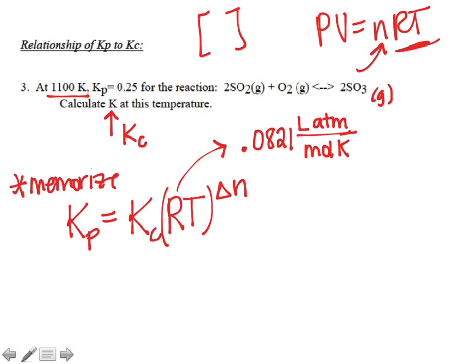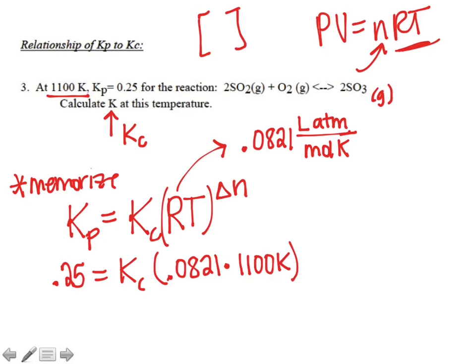So now we're ready to solve. So Kp is 0.25. We're looking for Kc. R is 0.0821, times the temperature, which is 1100 K, to the delta n. Delta n is the change in moles, so this is the final number of moles minus the initial number of moles.